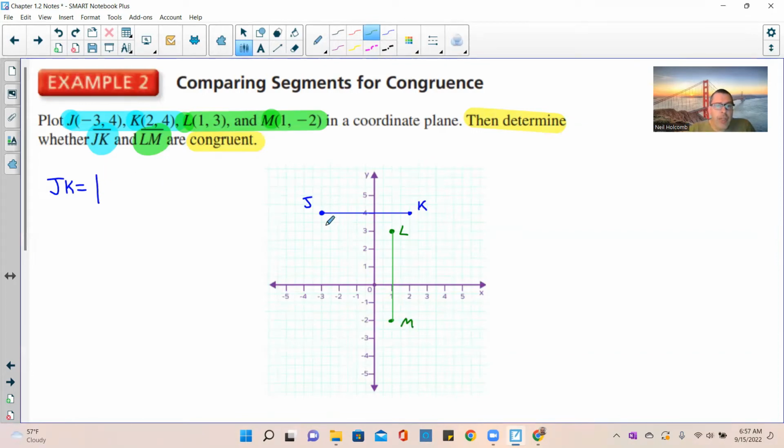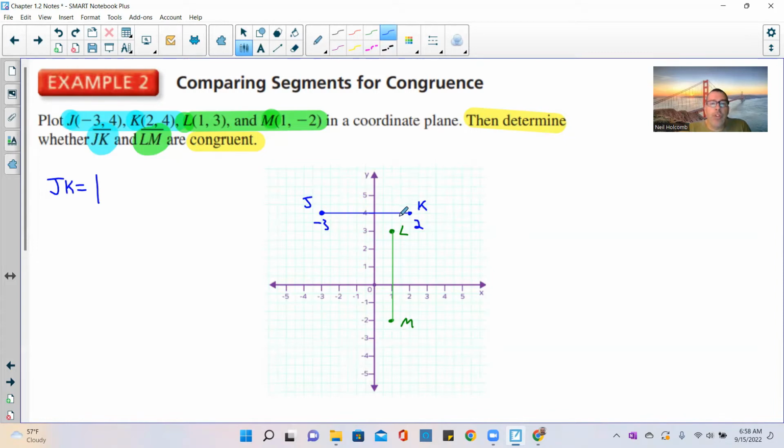So what you do is you take one endpoint and you subtract the other. So J, the X value is negative. Switch back to my blue. J is at -3 and K is to the right at 2. And the horizontal distance is the same, so we can ignore the Y's, okay, because they're equal. We'll get into that later.